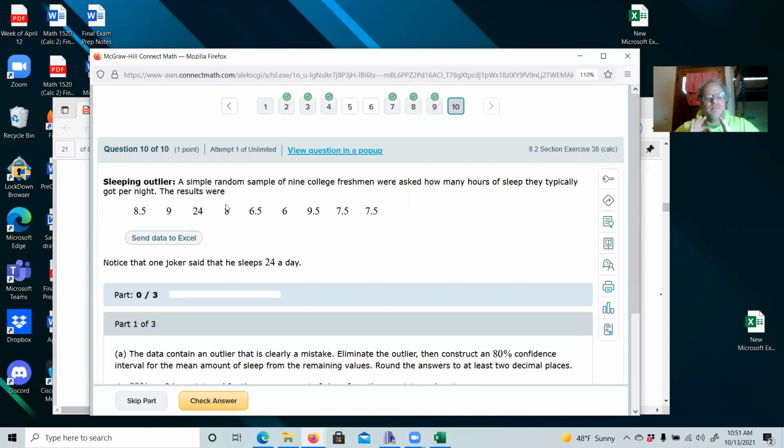So okay, this is a good question. A random sample of 9 college freshmen were asked how many hours of sleep they typically get per night. The results were, and they give some reasonable ones, except this one, right? Nobody sleeps 24 hours. That's not happening.